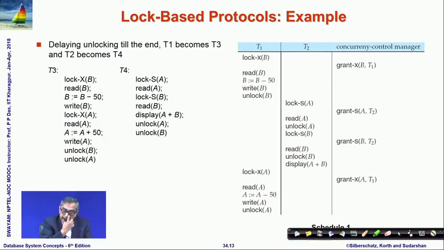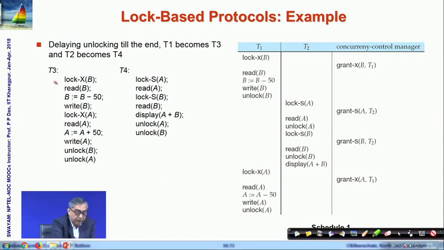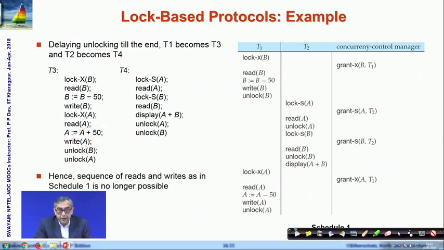So, we are here now, it is the same transaction in terms of the notion, but T1 has been made into T3 here, where unlocking has been pushed to the end. T2 has been made into T4, where the unlocking is pushed to the end, and now naturally if you wanted to do schedule 1, you cannot do this kind of schedule, that schedule will not be permissible, because T4 will not be able to get the locks that T2 could get.